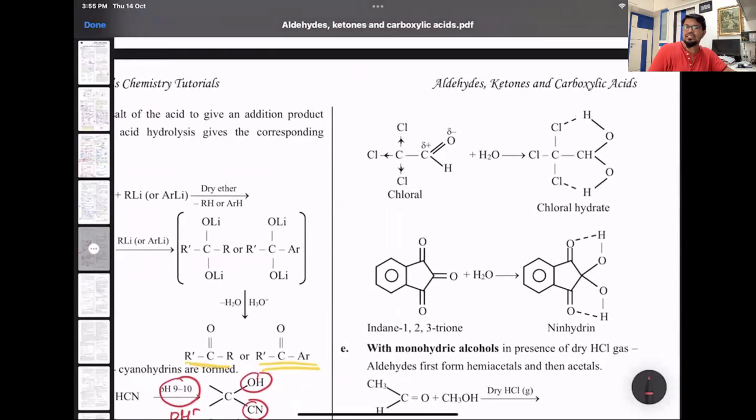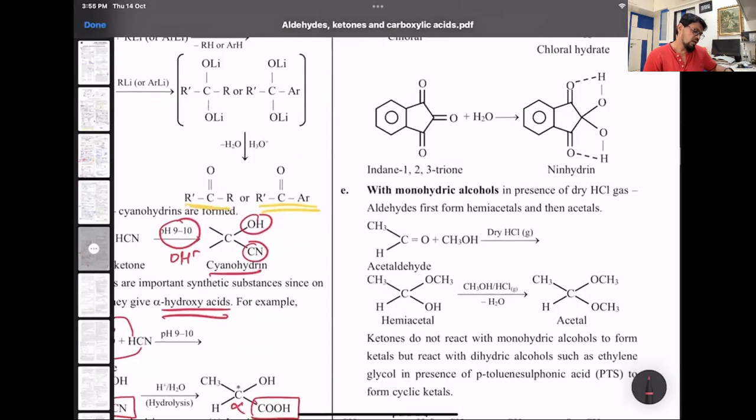Chloral, we all know, CCl3CHO, that's trichloroacetaldehyde. It readily combines with water to form hydrates, all right? And in the same way, indane-1,2,3-trione, with water, forms hydrates, forming the respective diols. That's a geminal diol. It's an extra part, so don't bother. Yes, this one we have with monohydric alcohols.